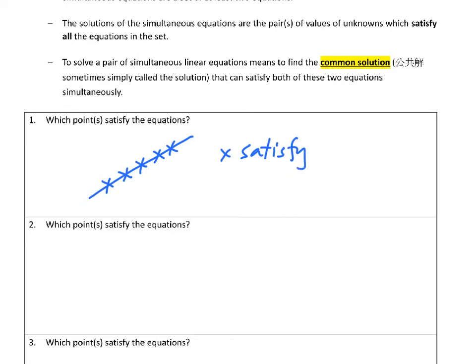the equations. And this point, they are not on the graph, not on the line, so it does not satisfy the equations.